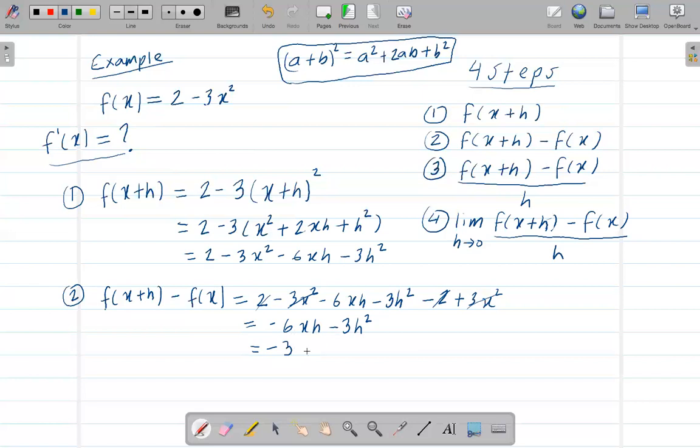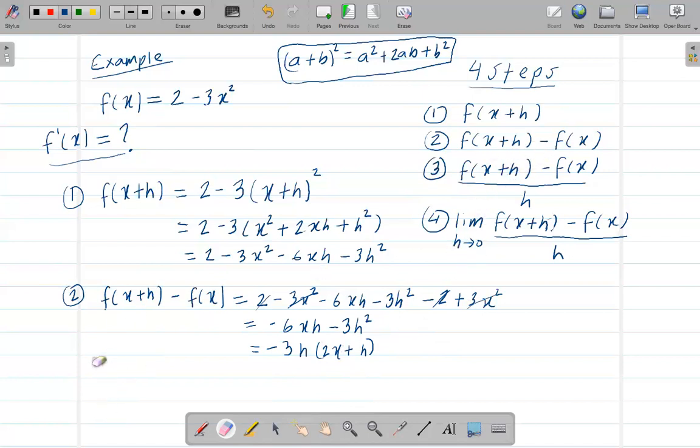If I factor out these things, then we get negative 3h times (2x plus h). So we got the second part.